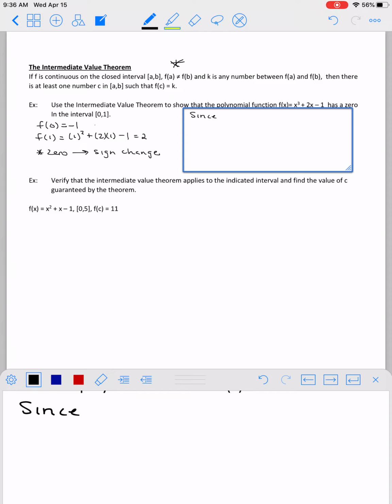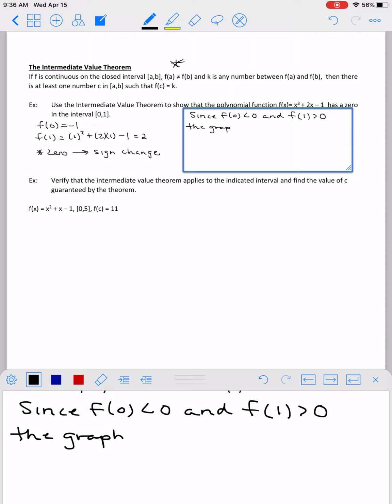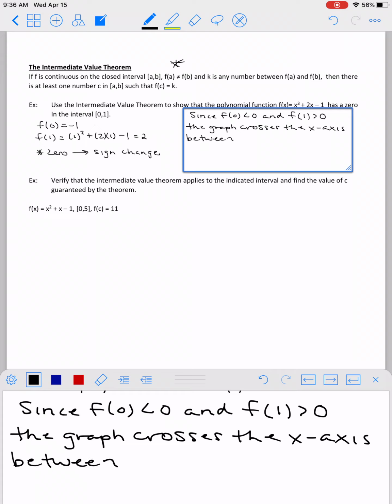Since f of 0 is negative and f of 1 is positive. Okay, so since the y-coordinates, 1 is positive, 1 is negative, the graph crosses the x-axis between 0 and 1.